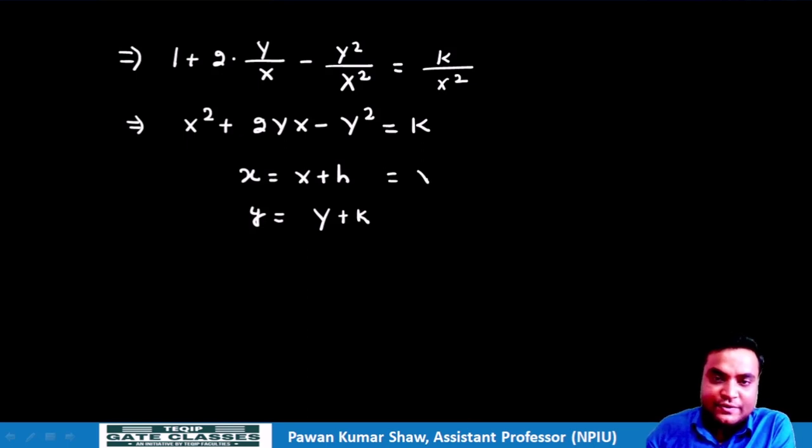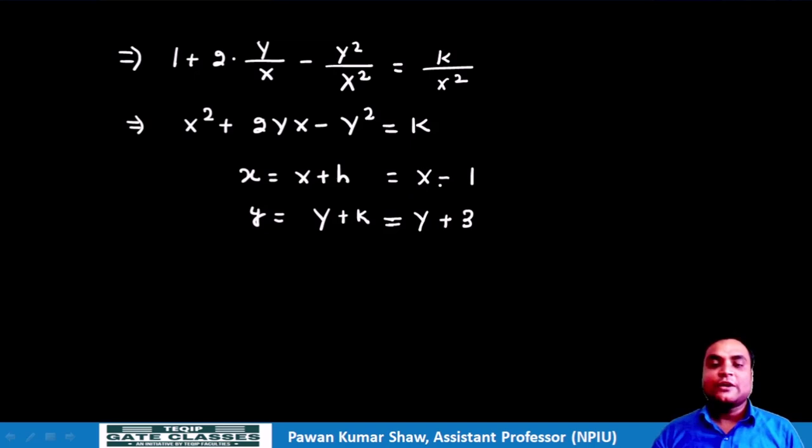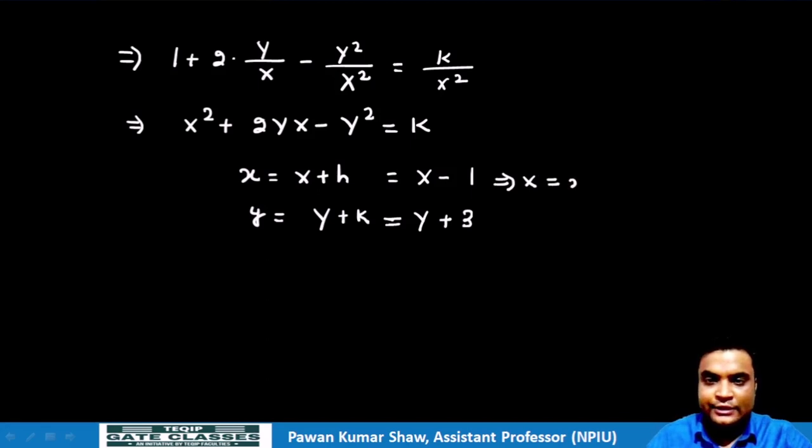So that will be our x minus 1, and y, capital Y plus 3. So we can replace the value of capital X and capital Y. So capital X will be x plus 1, and capital Y will be y minus 3.